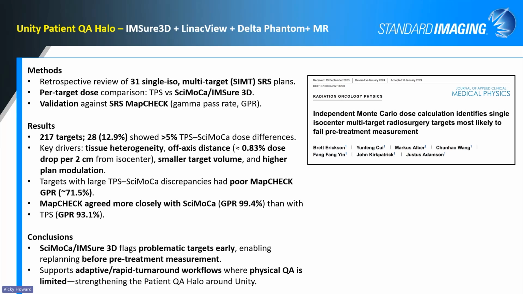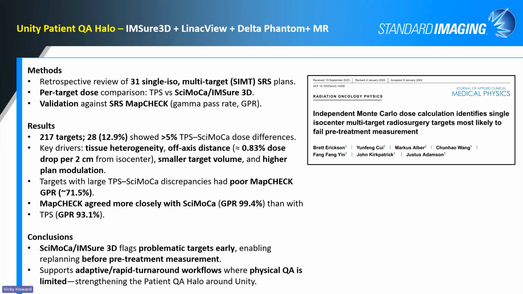So their methodology was that they did a retrospective review of 31 single ISO multi-target SRS plans. And they did a per target comparison where they compared the treatment planning system versus SIMOCA. And then they validated both of those against the SRS MapCHECK and looked at gamma pass rate.